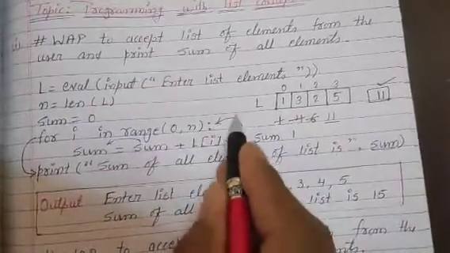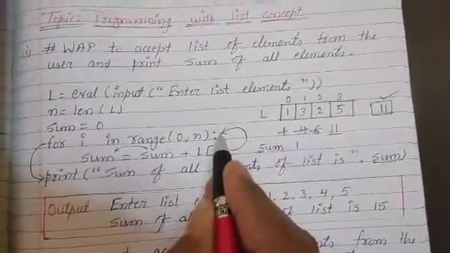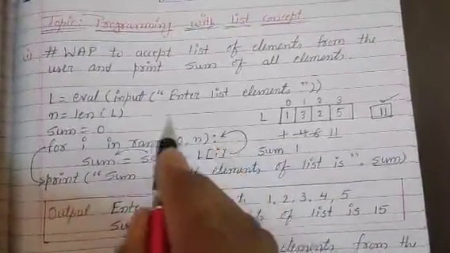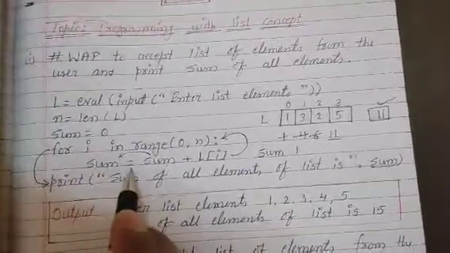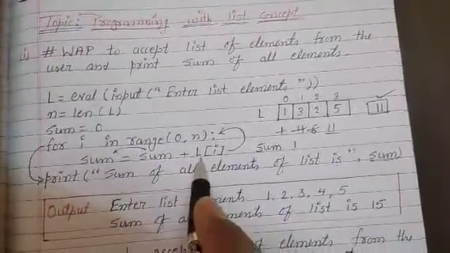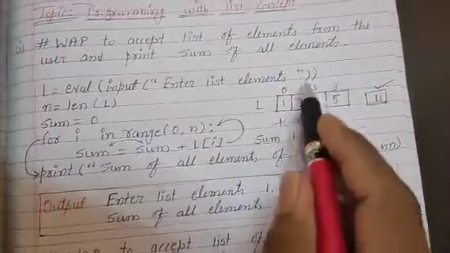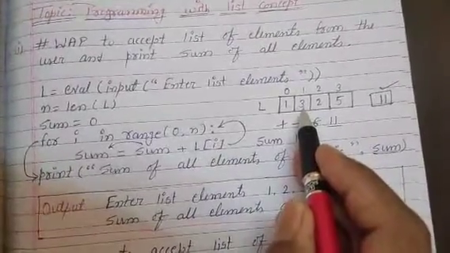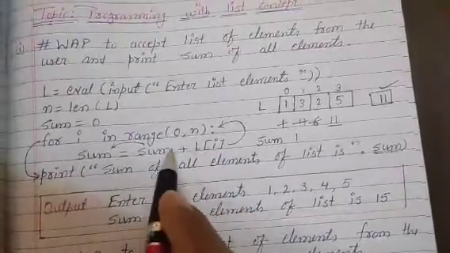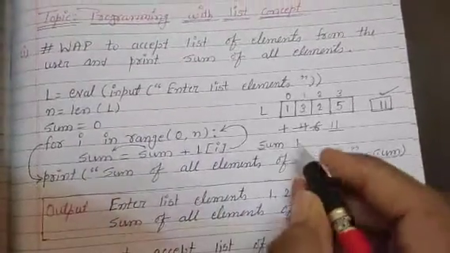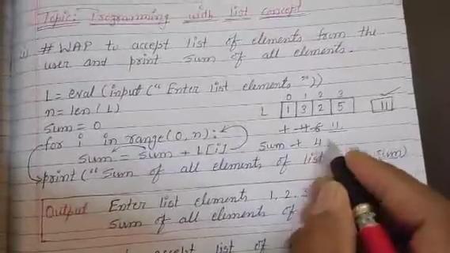Now control transfers to the next index, that is 1, so the value of i is 1. Inside the loop body, sum = sum + L[1]. L[1], that is the element value, is 3. Sum is 1. 1 plus 3 is 4. 4 is assigned to sum, so the value of sum is 4.